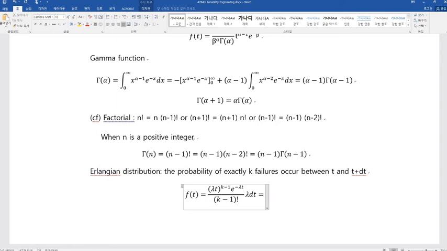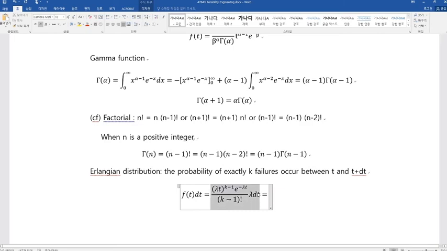So this is the distribution when exactly k failures occur until time t, in fact t plus dt, but because dt is such a small interval. So this is the probability density of exactly k failures. So for this one to be a probability, we should multiply dt with f(t).